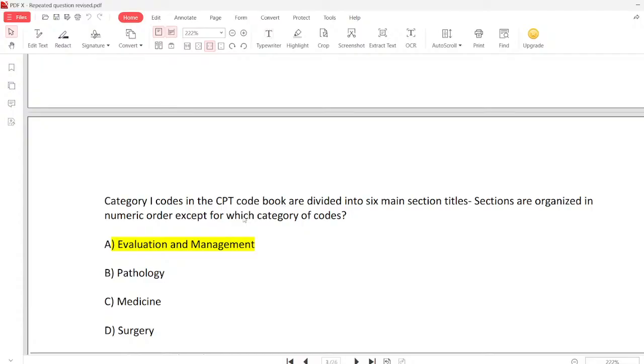One category of codes is different from others. Evaluation and management codes are entirely different from the 6 main sections. Others are pathology, medicine, surgery, all are related to one section, but E and M, or evaluation and management, are entirely different from those categories. Clear?